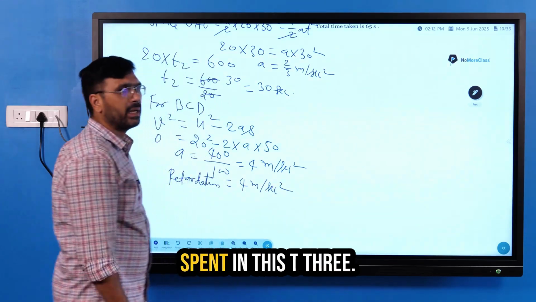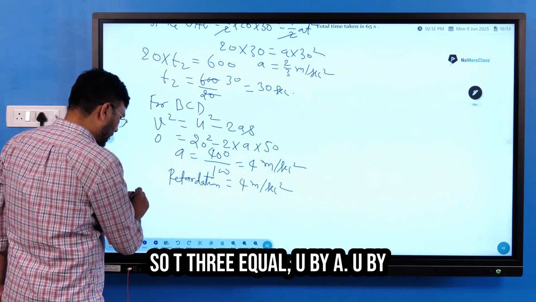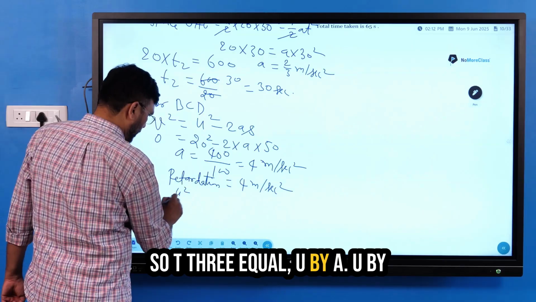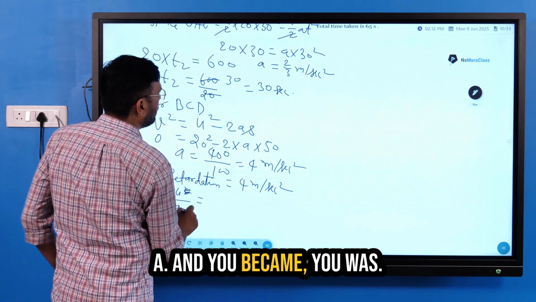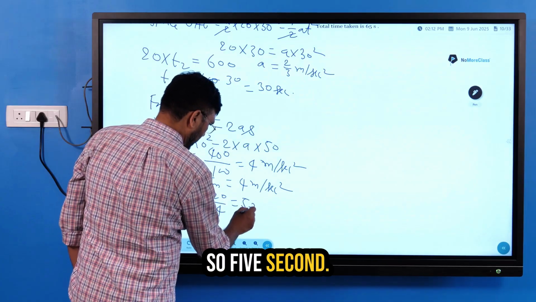Let's say the time spent in this journey is T3. How will you find T3? T3 is equal to U by A, and U was 20 by 4, so 5 seconds.